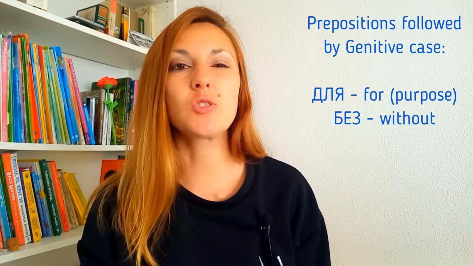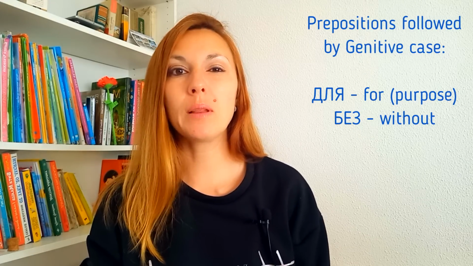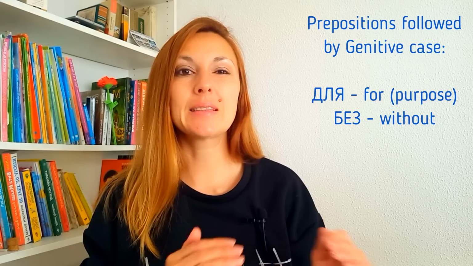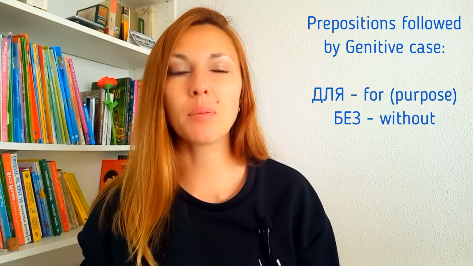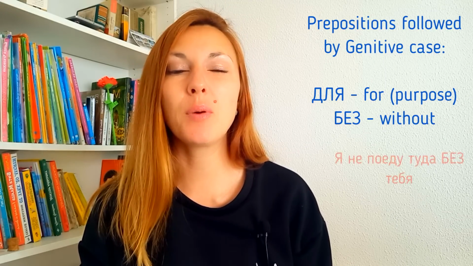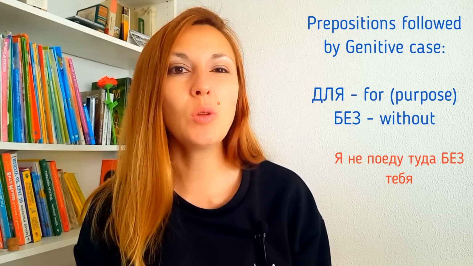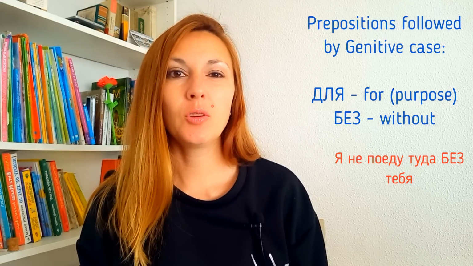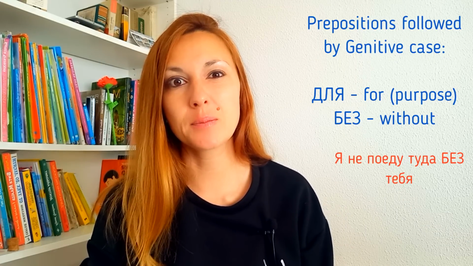The next preposition is without, без. Normally we pronounce it as с, без. For example, if I'm saying I'm not going there without you, would be я не поеду туда без тебя. Я не поеду туда без тебя. You can see that the word ты is in genitive case.